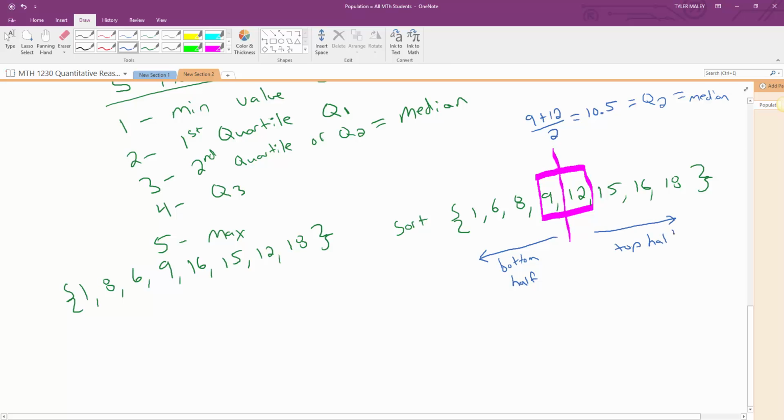So Q1 is going to be the median of the bottom half. We're only considering the numbers 1, 6, 8, and 9. Again, right in between here would be the middle. So Q1 is the average of 6 and 8, which would be 7.